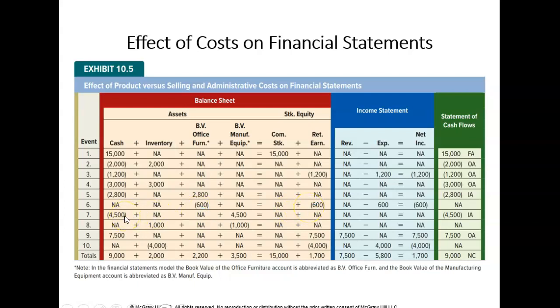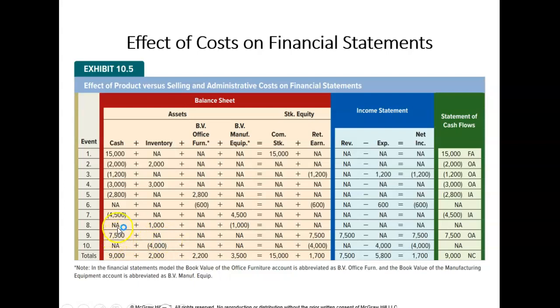Next, we bought manufacturing equipment. So our cash account decreased. The equipment account increased. Next, we recognize we purchased inventory. So the inventory account increased and the equipment account decreased for number 8.